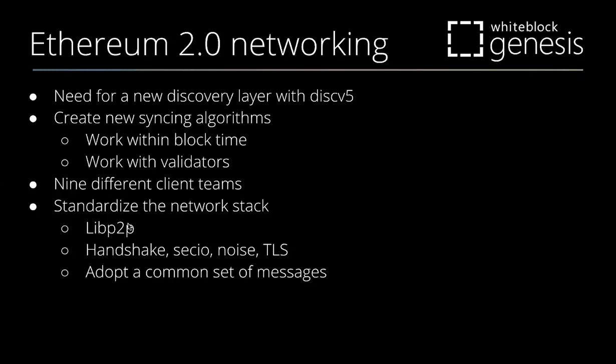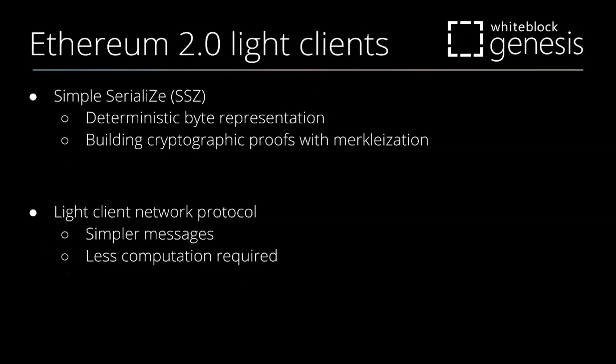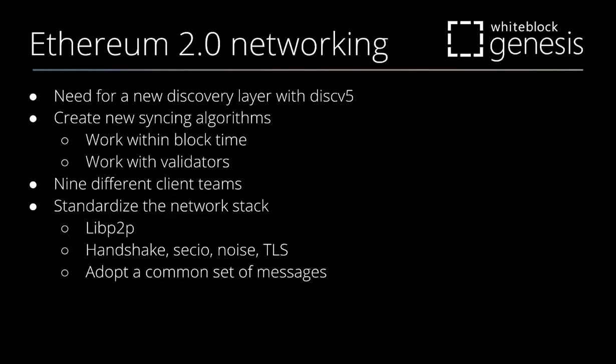libp2p itself is a modular stack, so we can still decide a little bit what type of components we want to involve. So for example, here we have, in terms of handshake, a choice between Secio, Noise, or TLS 1.3. Those choices need to be made based on the availability of those components in those different languages and to make sure that we're able to move at a comfortable pace towards implementation.